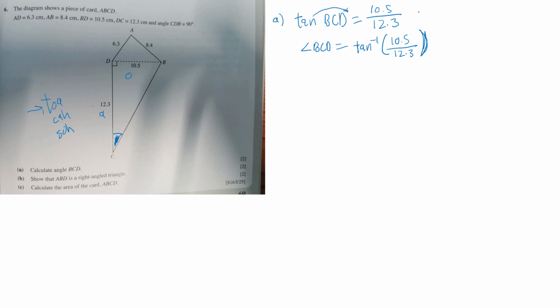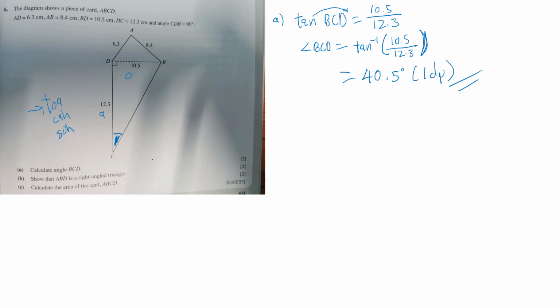If not, you will get some error. So this will give me 40.5 degrees, and this is to 1 decimal place. Alright, and this will be my answer for part A.